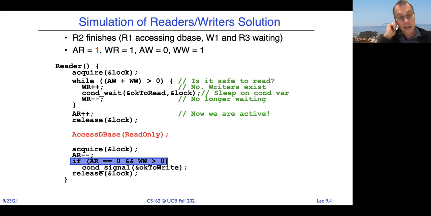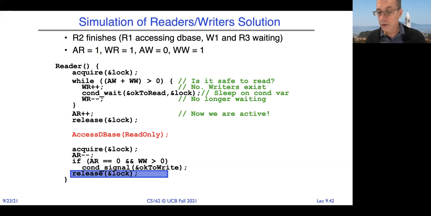Now it's looking at whether it can wake up any thread. It checks whether there are no active readers and there are waiting writers. The condition is false because there are still active readers, namely R1. So then you release the lock.